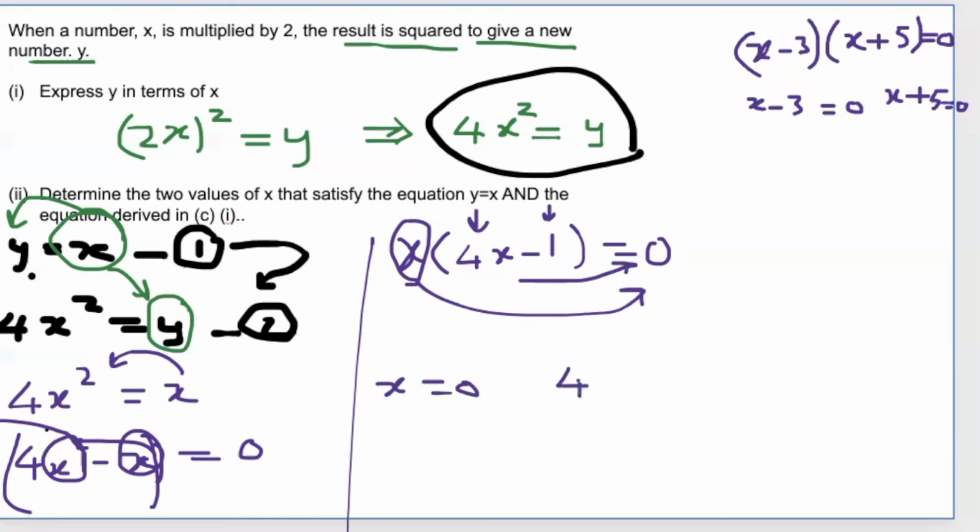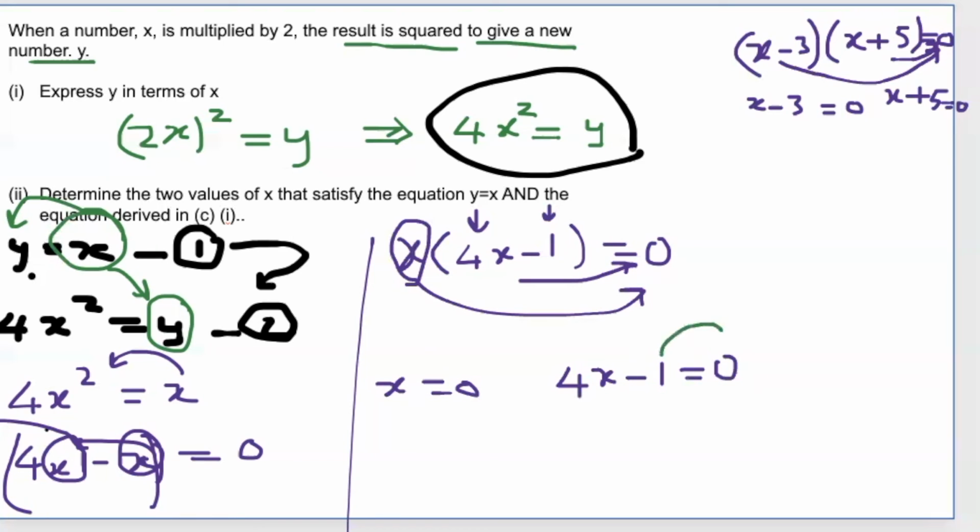So I have 4x minus 1 equal 0. Just as when we were doing the factorization, x minus 3 equals 0 and x plus 5 equals 0. It's the same concept here. X is equal to 0 and 4x minus 1 equals 0.